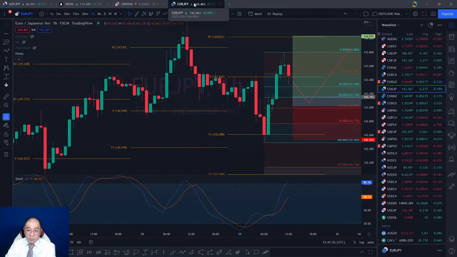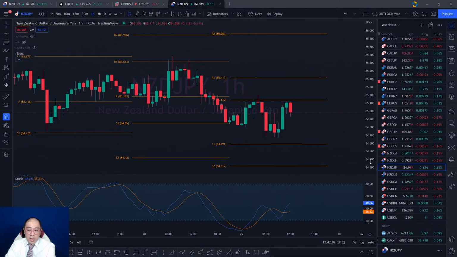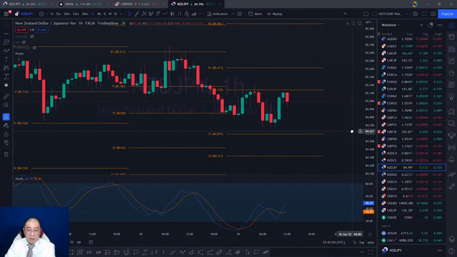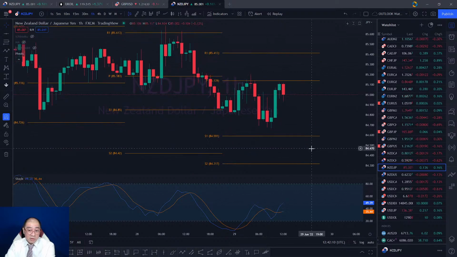Okay, let me bring it up on this. When we talk about 84, that's actually beyond support too. So in terms of pivot, sure, it's trading below the pivot. It hasn't even touched support 1. So what I'm trying to say is for the day, it's actually very hard for this one to go down to 84 unless there's something big in the next few hours or so, which I don't think is going to be the case, because the attention is going to be on the monetary policy panel hosted by ECB.